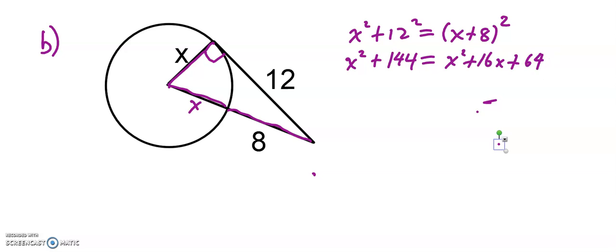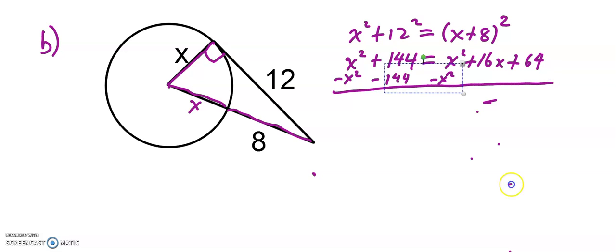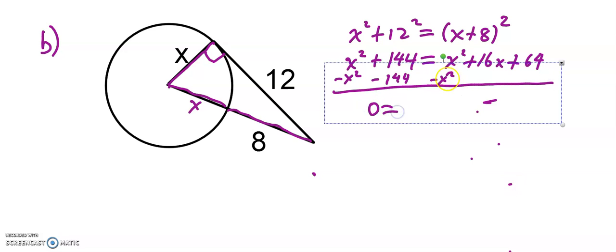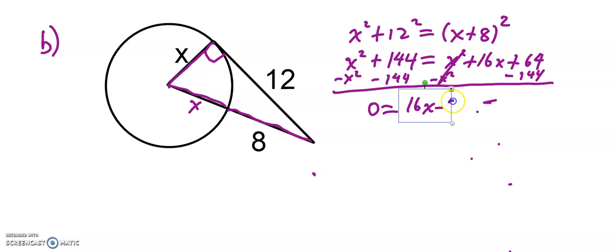Now again, because it's quadratic, the x squared makes it quadratic, I need to move everything to one side. So I'm going to subtract the x squared across, subtract the 144 across. Lo and behold, the x squareds cancel, so I get 0 equals 16x minus 80.